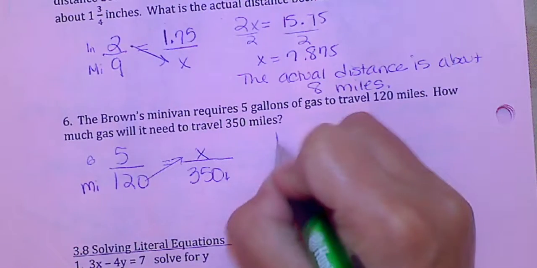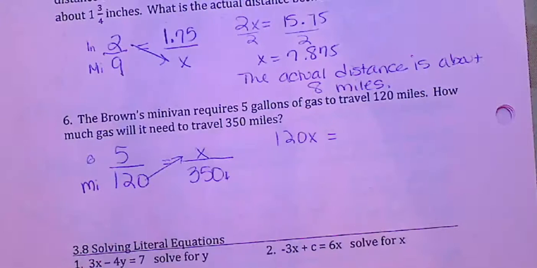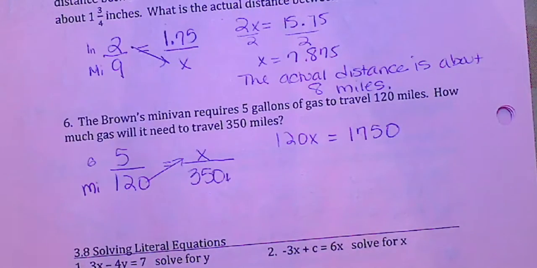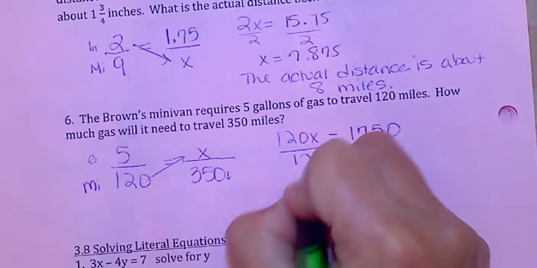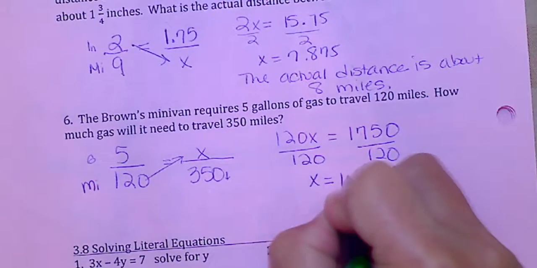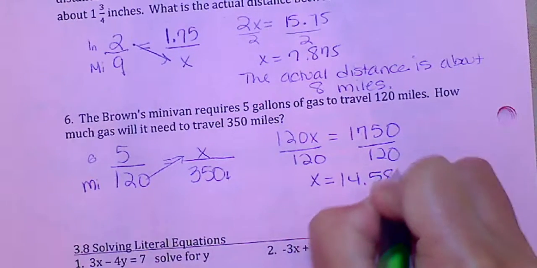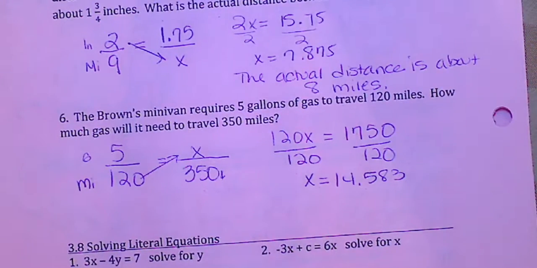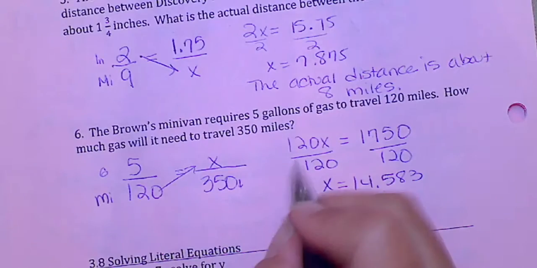So we get 120x equals 350 times 5, which is 1,750. We want to get x alone, so we divide both sides by 120. And we get 14.583. So how much gas will it need to travel 350 miles?